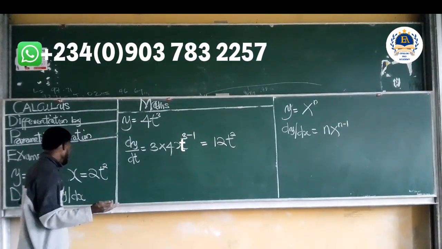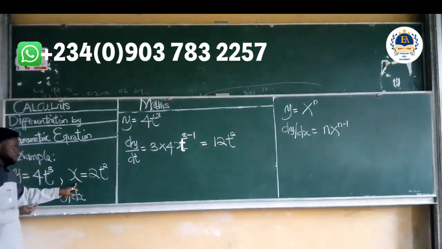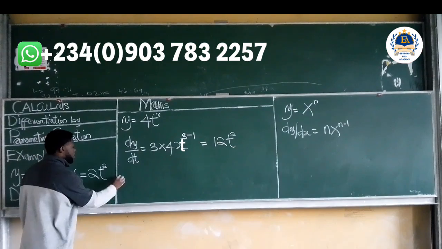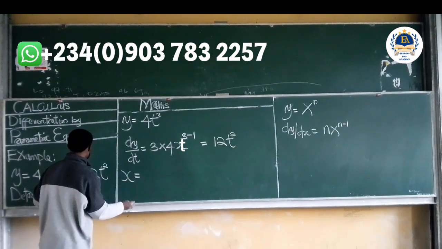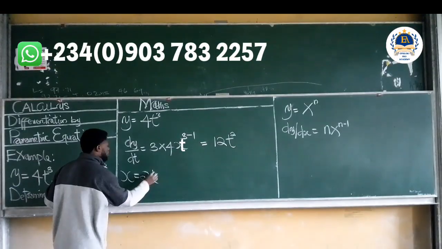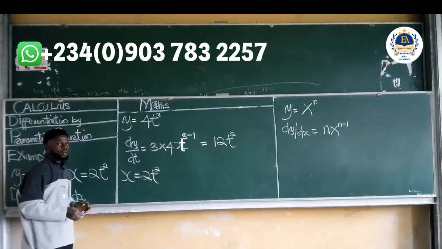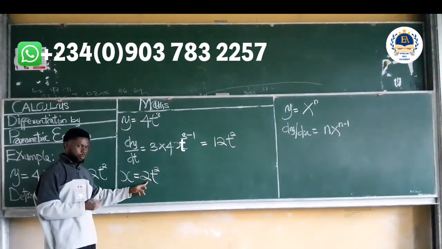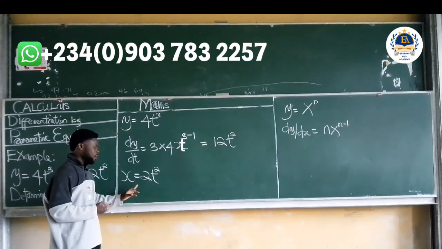Let's do the same thing to the second function given. In the second function, we have x is equal to 2t raised to the power of 2. Now the derivation of this function will be dx over dt.